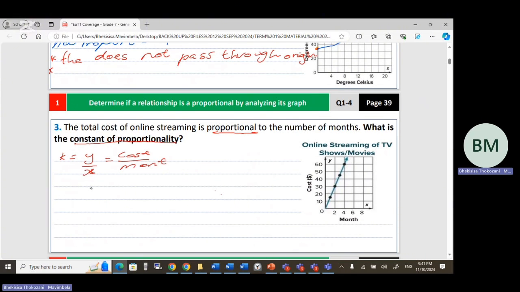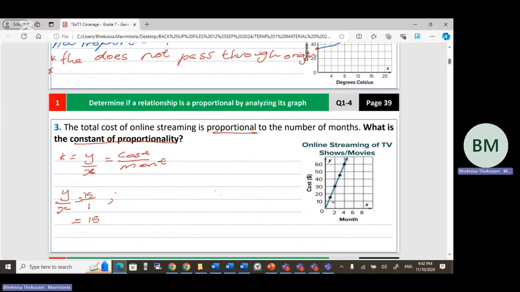We're going to start with the first point. Y over X. My Y here is 15, so it's 15 over 1. The answer is 15.